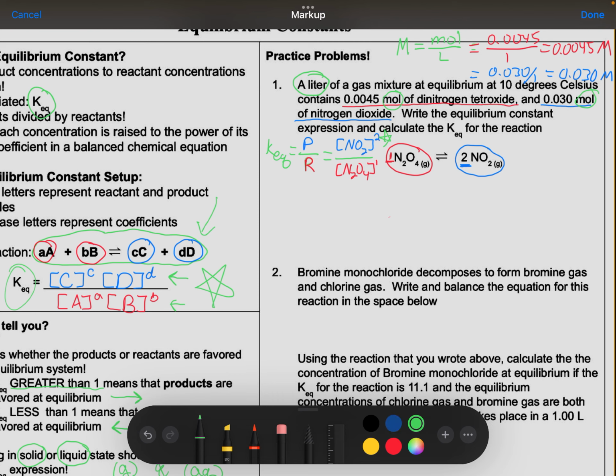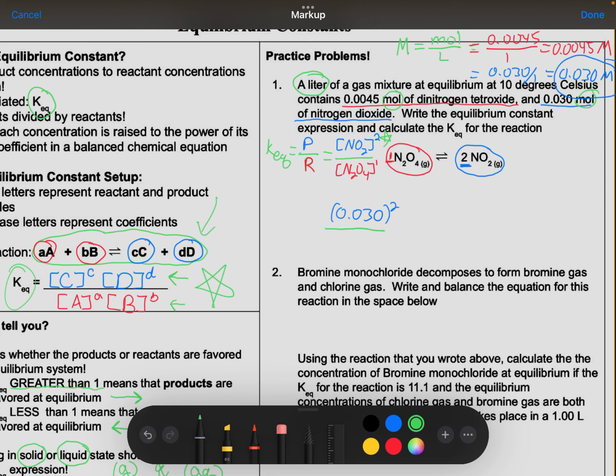So let's go ahead and do that. My product concentration is my 0.030, so I'm going to go ahead and bring that down. And I'm going to raise it to the power of 2 because that's what it says to do in the equilibrium constant expression that I just wrote over here.